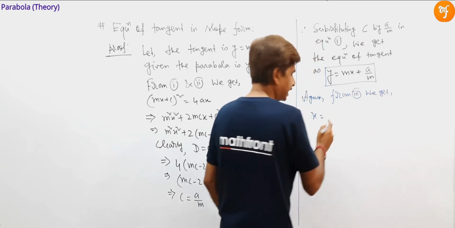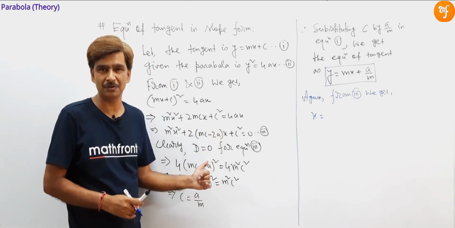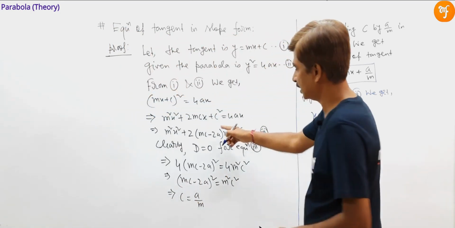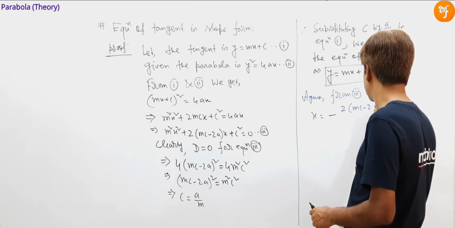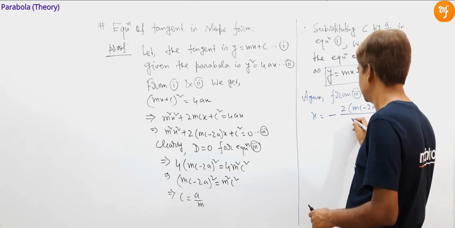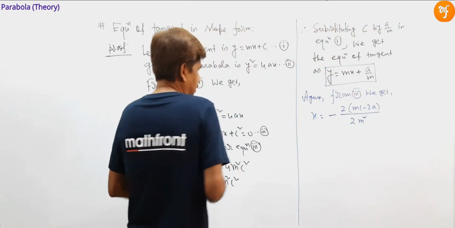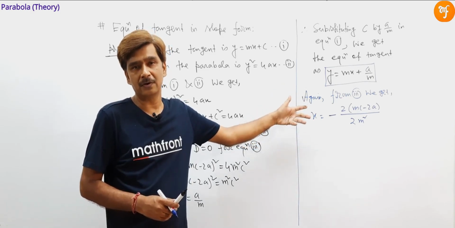The value of x is nothing but minus b by 2a, as the discriminant is equal to 0. Okay, so the value of x will be what? Minus 2 into (mc minus 2a) divided by 2 into m square. Is it? So this x is nothing but the x coordinate of the point of contact.